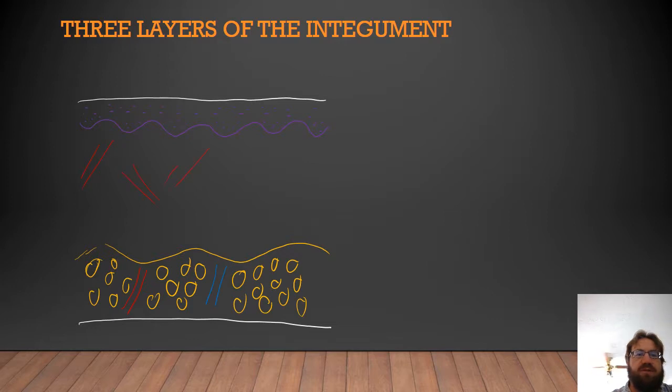In the middle, you have lots of collagen fibers and also structures such as hair follicles and other structures such as sweat glands and various other things that nervous structures and other nervous structures.